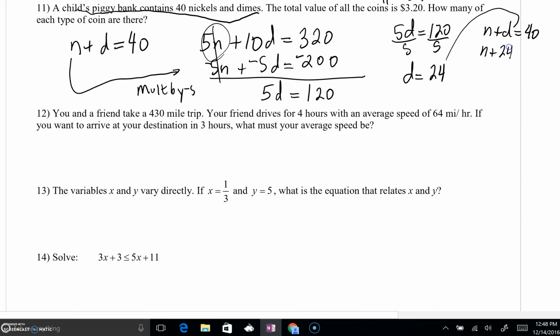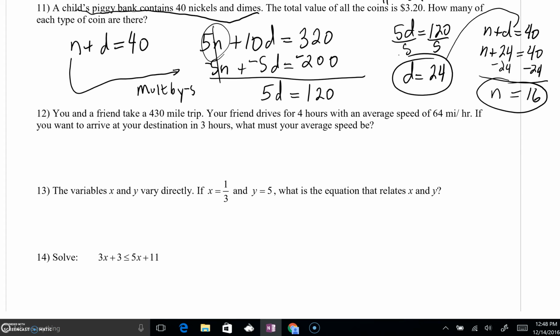We've got 40 coins, so n plus 24 is 40. When we subtract 24, we'll get 16. That's the number of nickels. Now, the wonderful thing is you can always double check if you're right by adding up to make sure you've got 40 coins and to also check the money value as well.